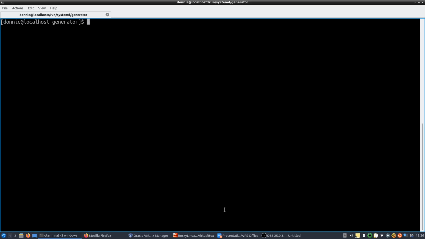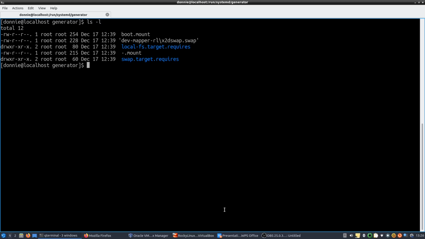Oh, you know what? I forgot to show you the file for the root file system on the Lubuntu machine. I'll show you that here in just a second. But anyway, the root file system is this one here, the dash.mount. So the dash indicates that that's the root partition.